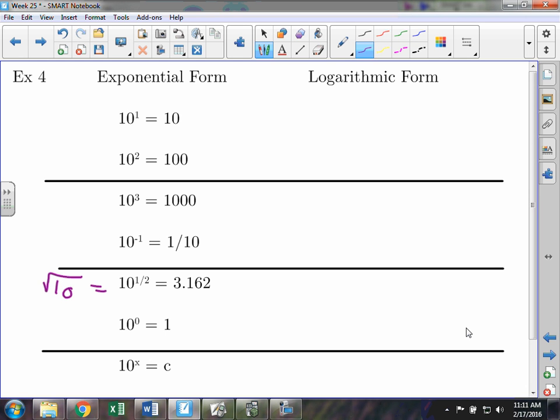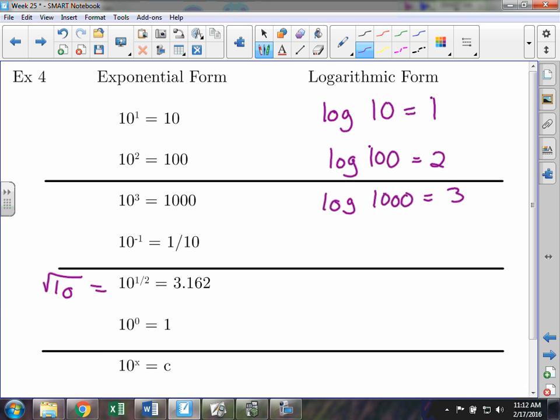And so he looked at this and instead said, we're going to call this log of 10 equals 1. For the second one, he wrote it down as log of 100 equals 2. Log of 1,000 equals 3.